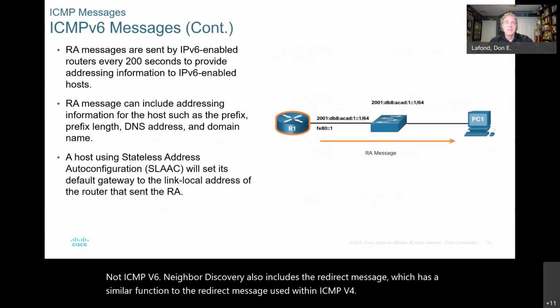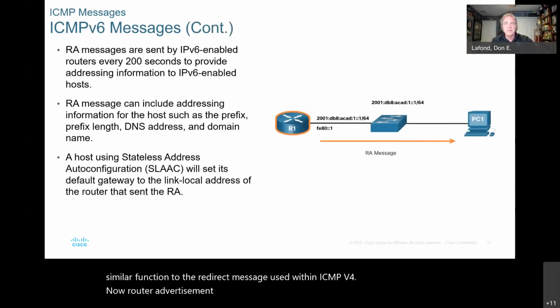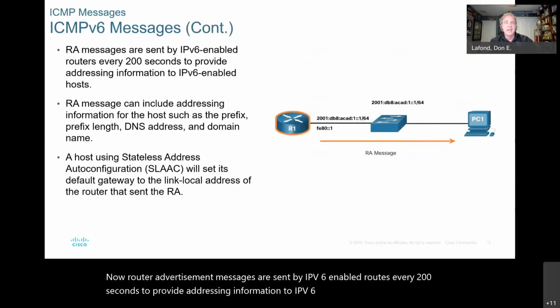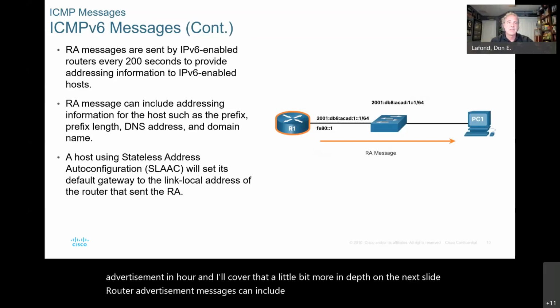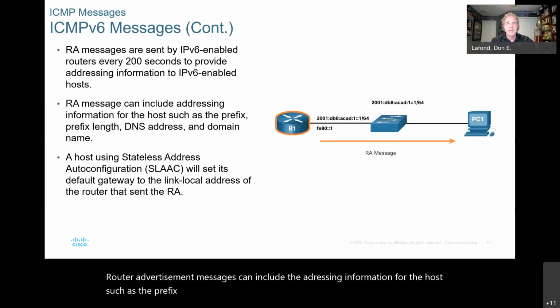Now, router advertisement messages are sent by IPv6 enabled routers every 200 seconds to provide addressing information to IPv6 enabled hosts. Router advertisement, I'll cover that a little more in depth on the next slide. Router advertisement messages can include the addressing information for the host, such as the prefix length, DNS address, and domain address.